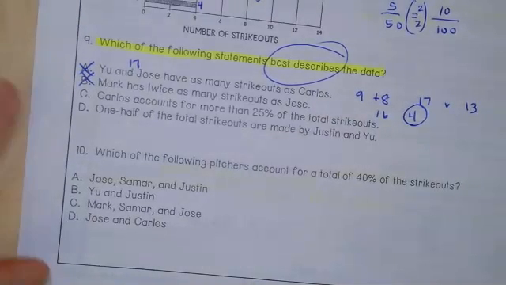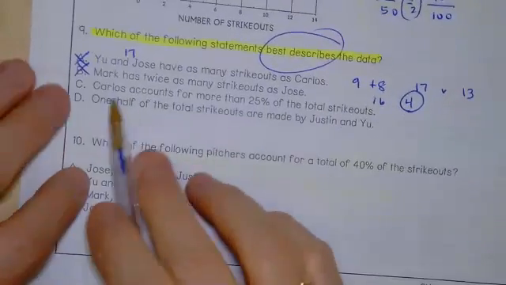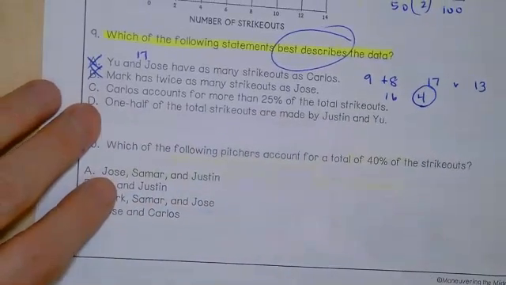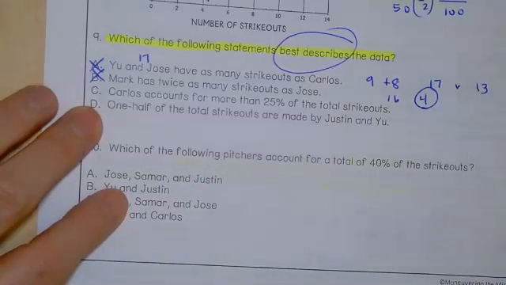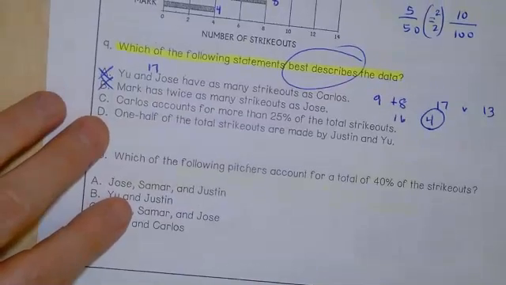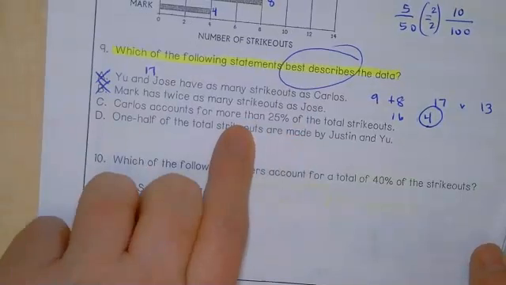Okay, guys, listen. Not yet. Shh, guys. Let's go on. Carlos accounts for more than 25% of the total. We know the total is 50. So here's my question. If we know the total is 50, what is 25% of 50?